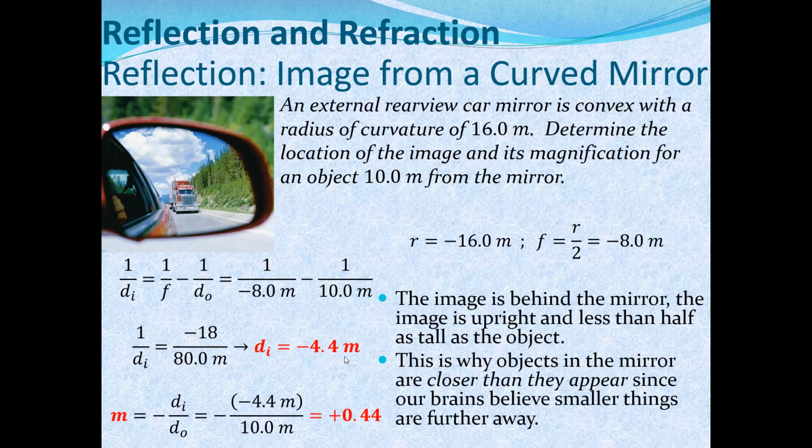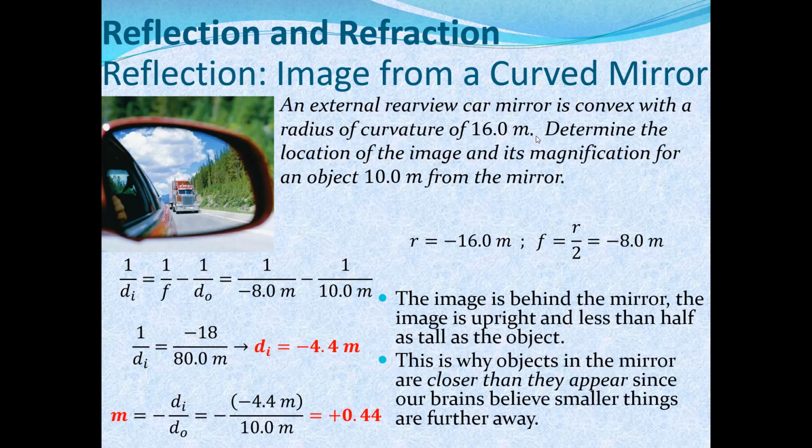Now, the mirrors in a lot of cars tend to be convex mirrors so that you get a lot of information in a small section. They end up having those phrases, objects in mirror are closer than they appear. The reason is that the way our brains work, the smaller an object is, the further away it seems.